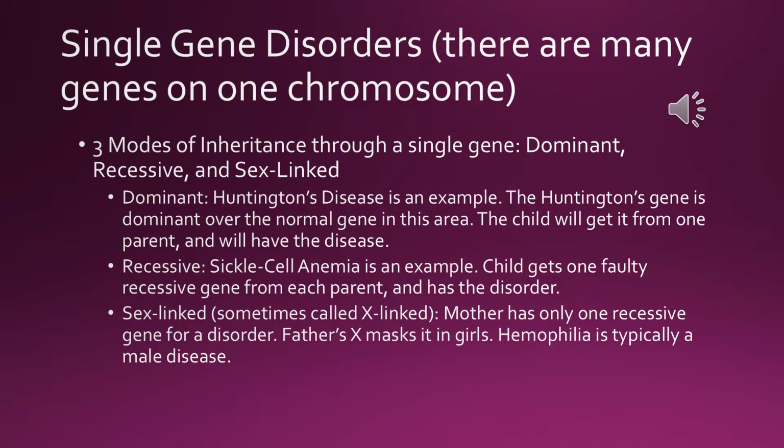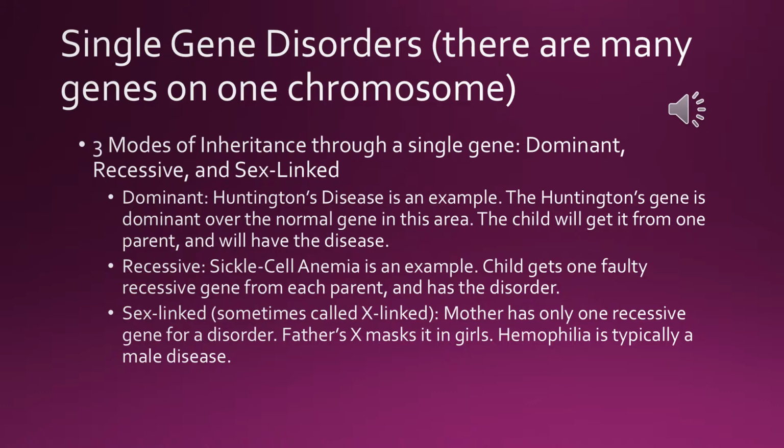If you have a dominant normal gene from one parent and a sickle cell gene from another parent, it protects you from malaria. And these people have evolved to be protected from malaria. So having the sickle cell anemia gene is a good thing. However, if you happen to get born with two sickle cell anemia genes, one from each parent, two recessive genes, then you're going to have this devastating disorder.